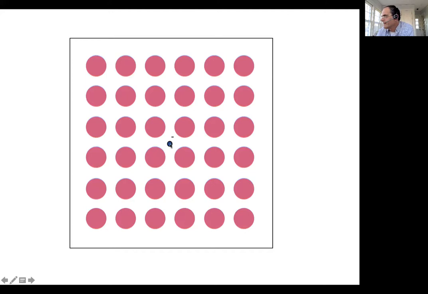Here's the electron, and here are the positive ions around it. Of course, the negative charge on the electron attracts the ions, and we get some lattice distortion around this. Sometimes this combination of charge and lattice distortion is called a polaron, but we don't need to use that name.